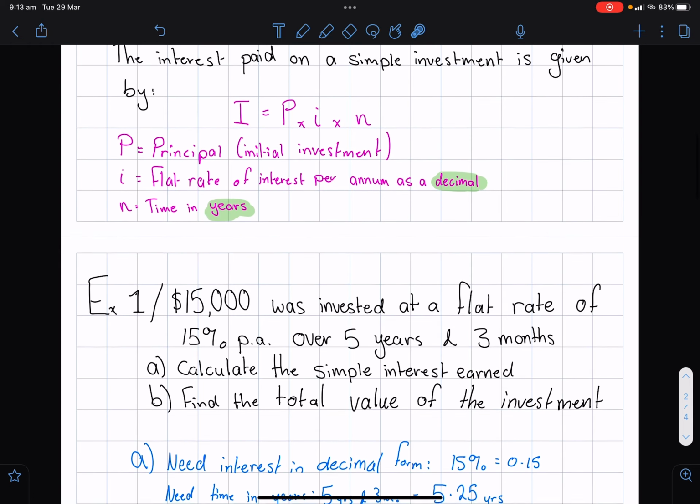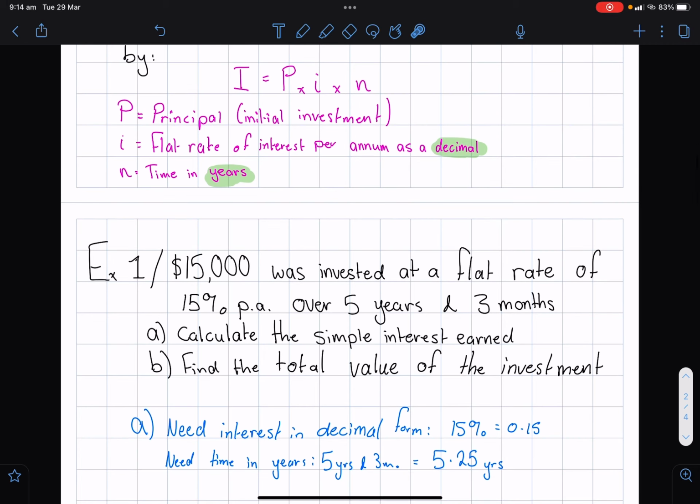For Part A, we start by converting all the information in the question into the form we want. For interest, we want it in decimal form. So we take 15% and convert it to decimal form: 15% equals 0.15. Then we need to do the same thing for the time.